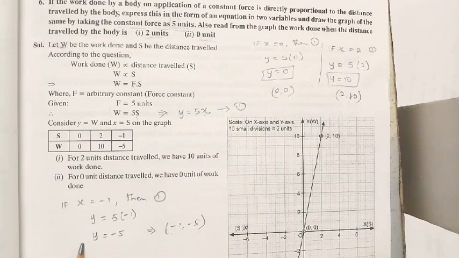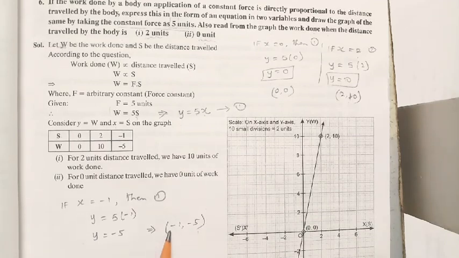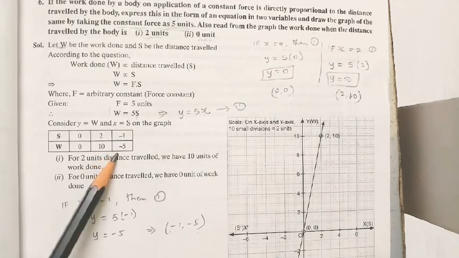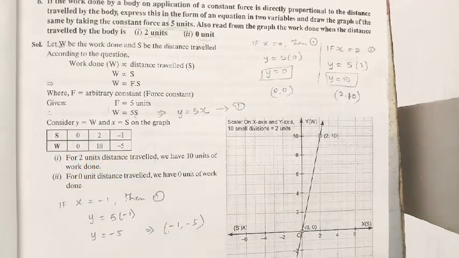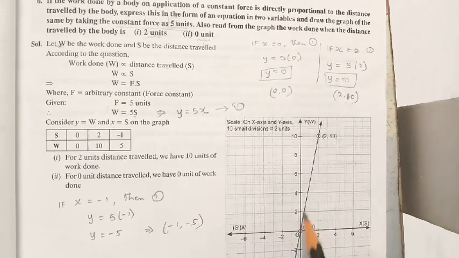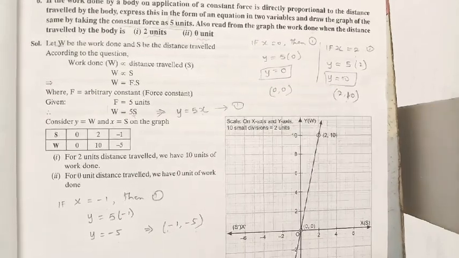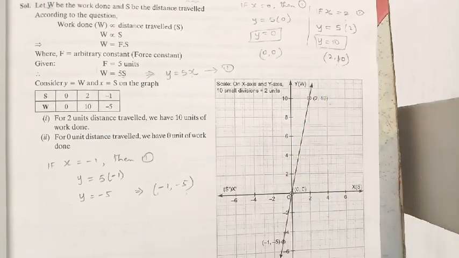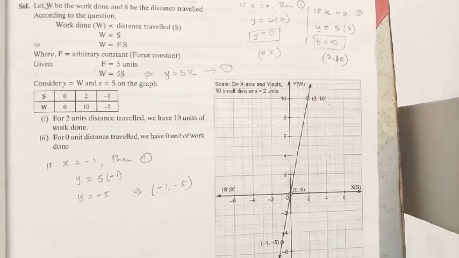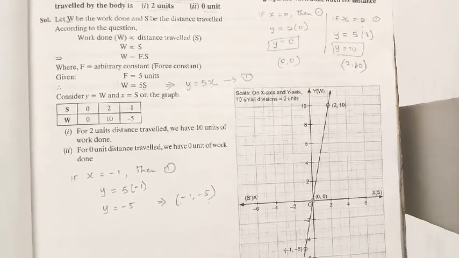And the third solution, when S is equal to minus 1, W is minus 5. Minus 1 comma minus 5. Just plot the coordinate points in the graph sheet: 2 comma 10, 0 comma 0, and minus 1 comma minus 5. This is the graph for the above equation.